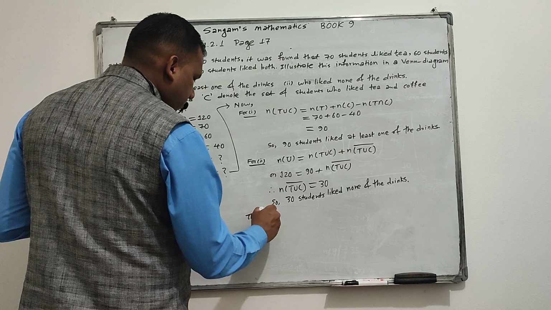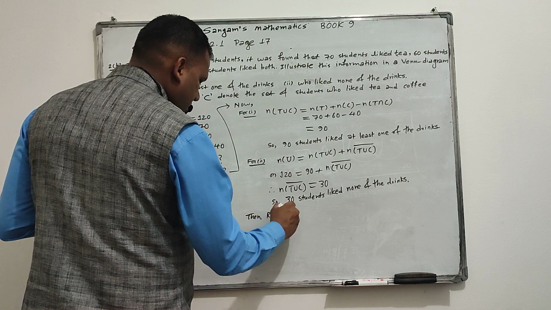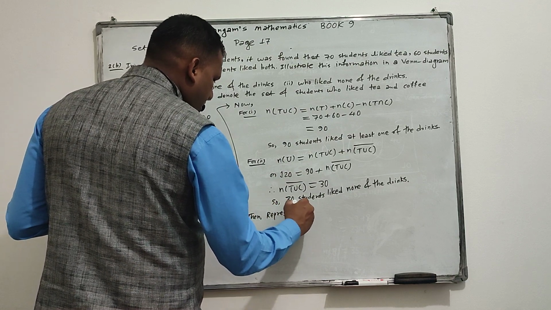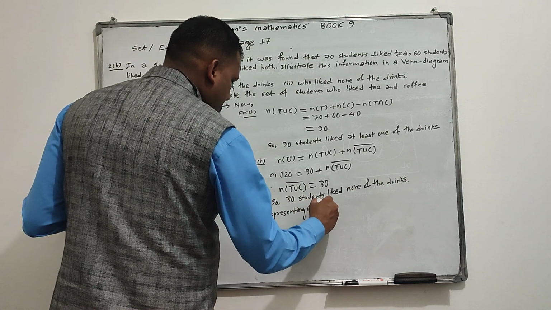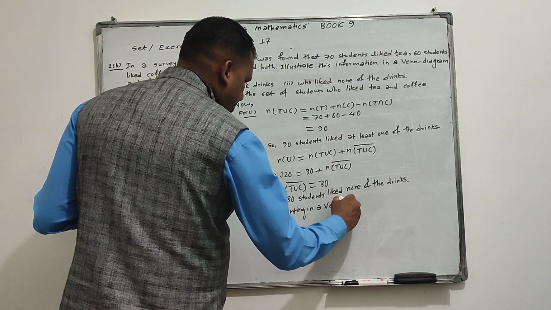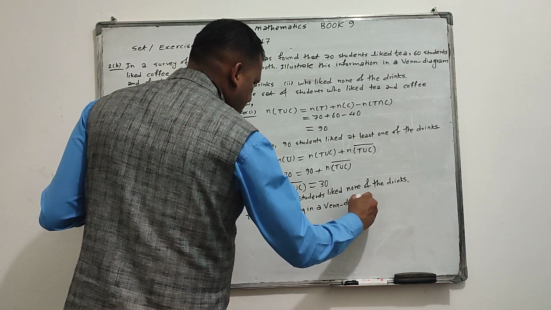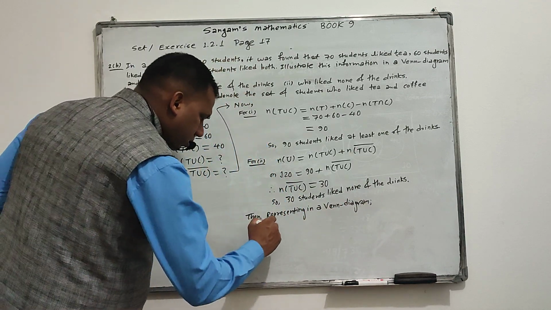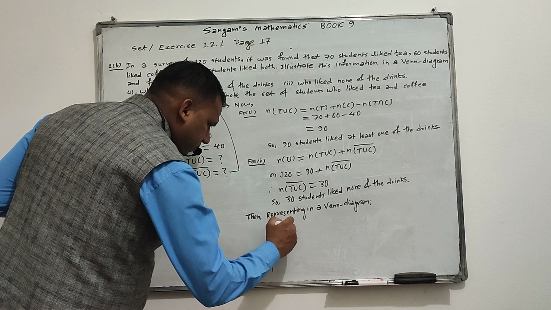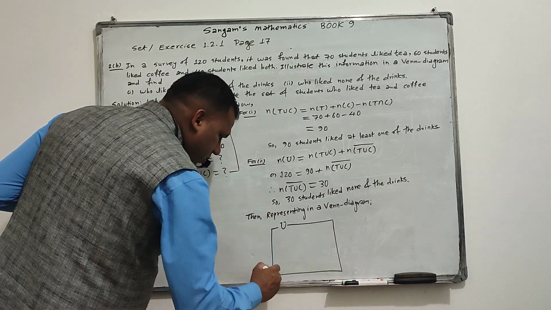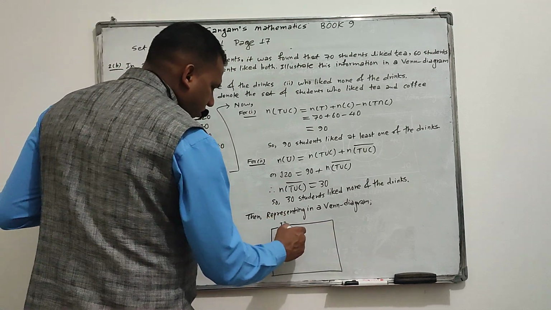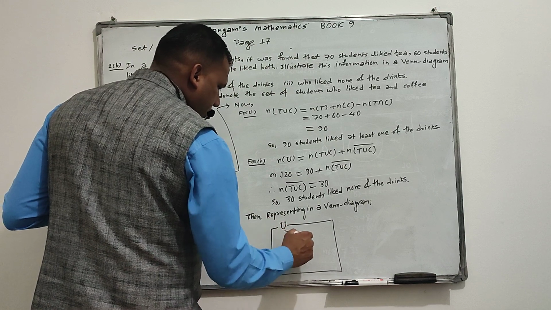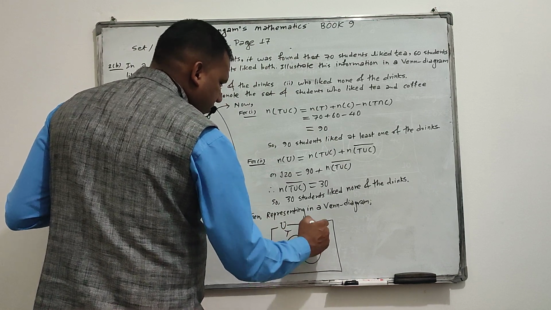Then, representing in a Venn diagram. We draw the universal set U. Inside U, two overlapping subsets, T for tea and C for coffee.